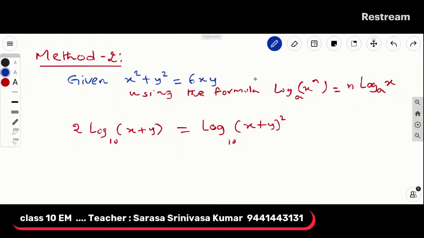Now we expand (x plus y) whole square. This can be written as log of x square plus y square plus 2xy to the base 10.